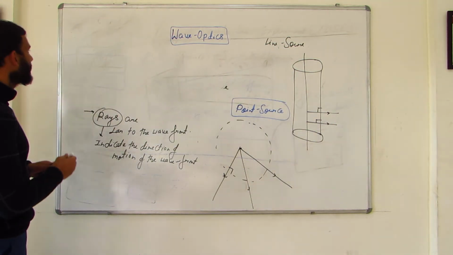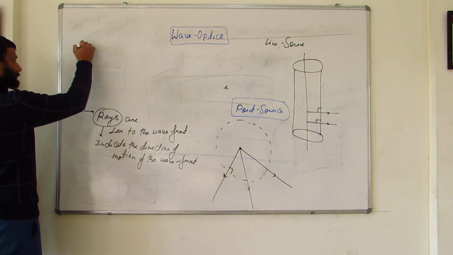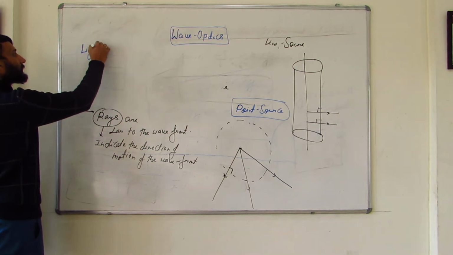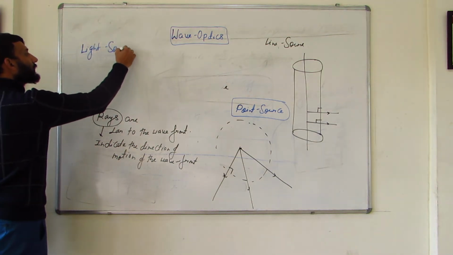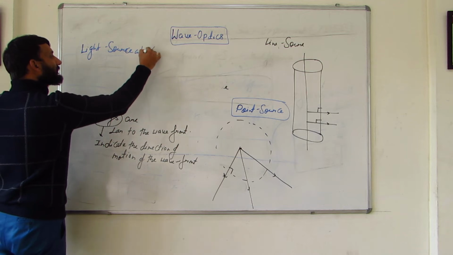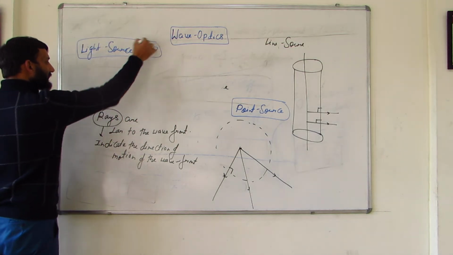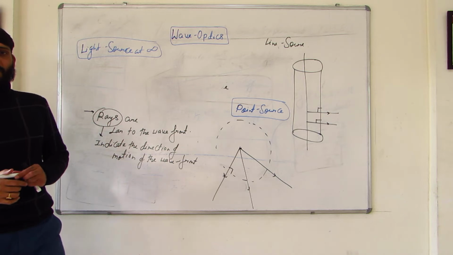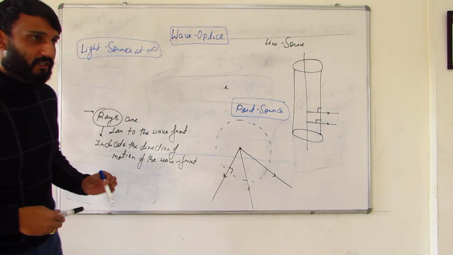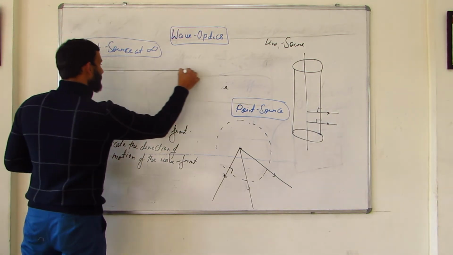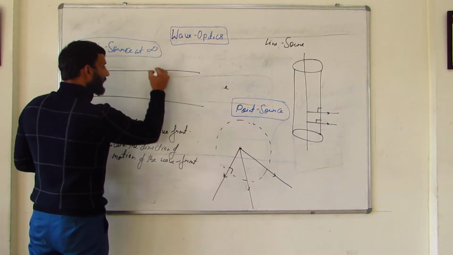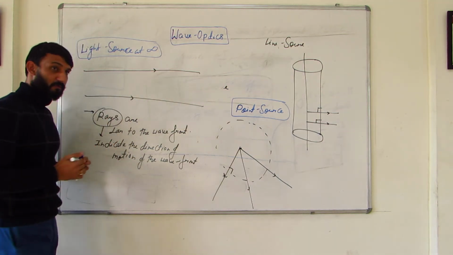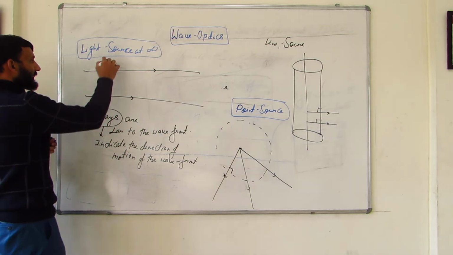If you have a light source at infinity, basically the light rays would be coming parallel to each other, and in this case the wavefront would be these planes.